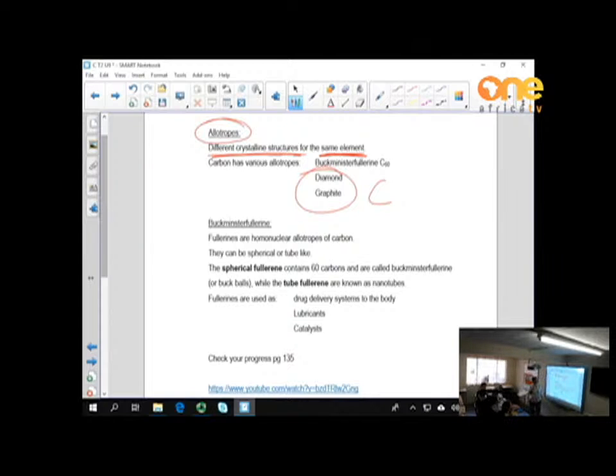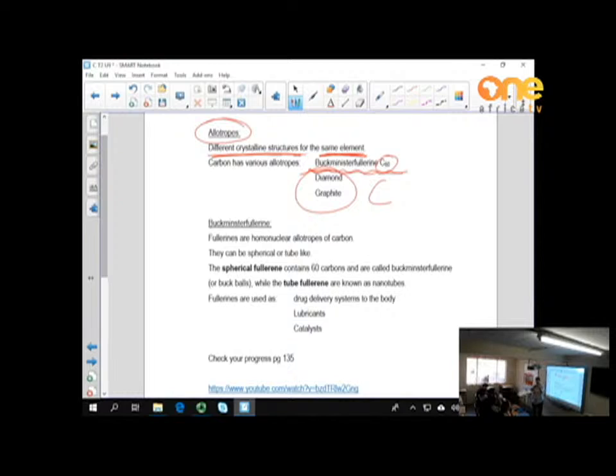Right? So, there's a third allotrope for carbon, one that is called Buckminster Fullerene, or just very simply shortened down to Bucky balls. Okay. The Buckminster Fullerene consists of 60 carbons covalently bonded onto each other in structures that look like a soccer ball.